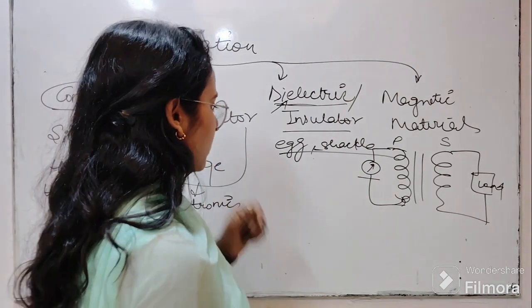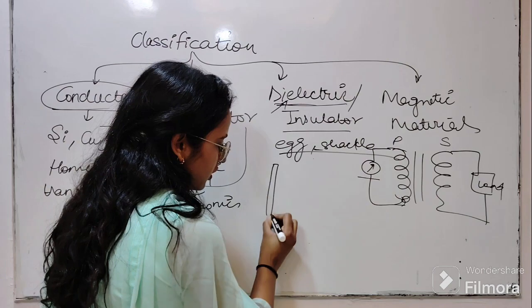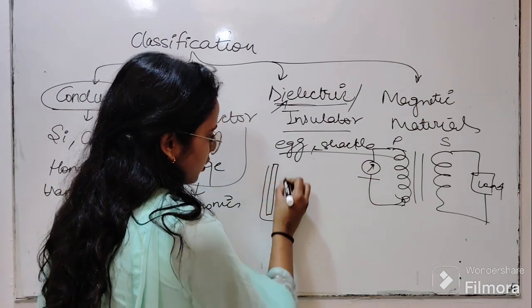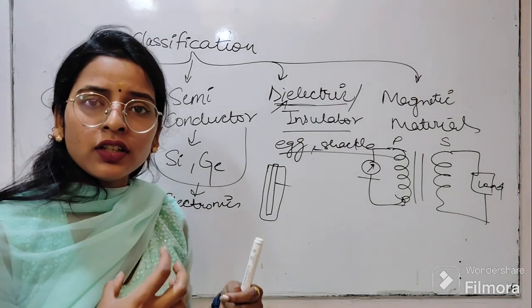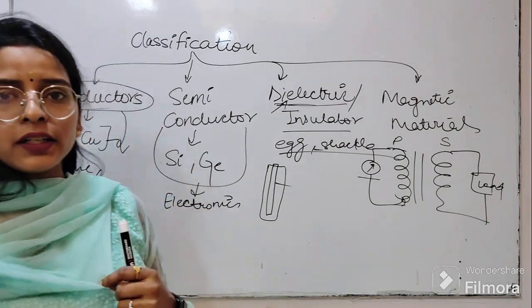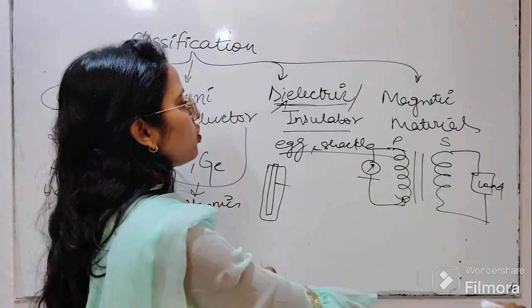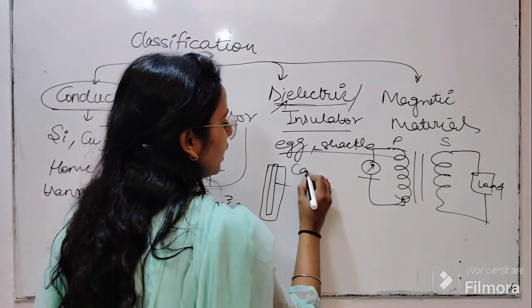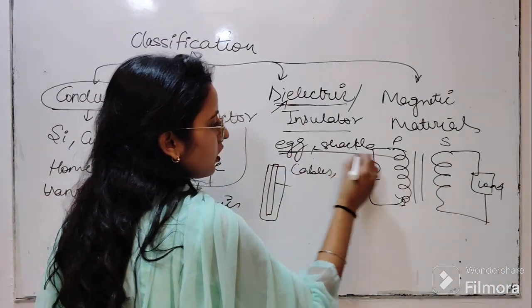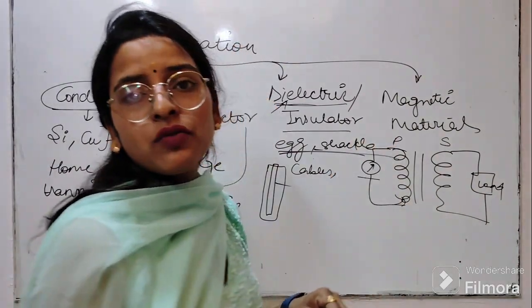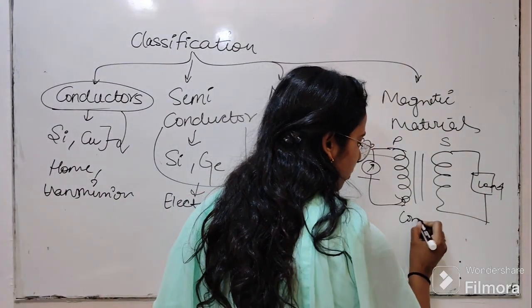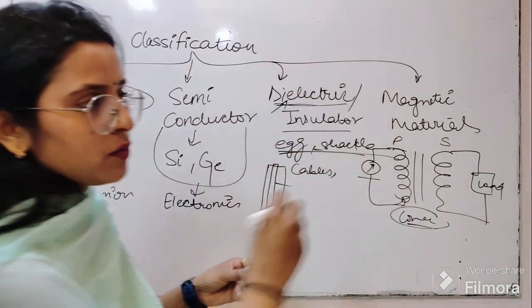Discussing insulators, suppose this is a conductor, the insulation is on the outer side. This insulation is going to protect us from any shocks. So this is the insulator which we are using on the cables, and as an insulator on the towers also. Magnetic materials, obviously we discussed the transformer cores, where this is being used.